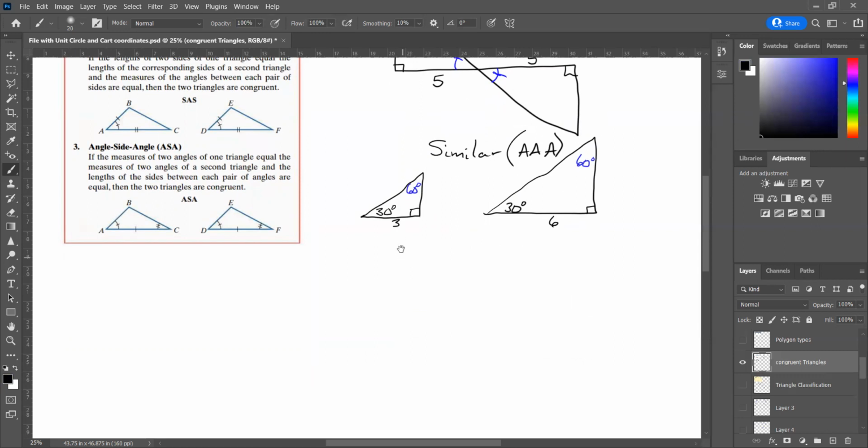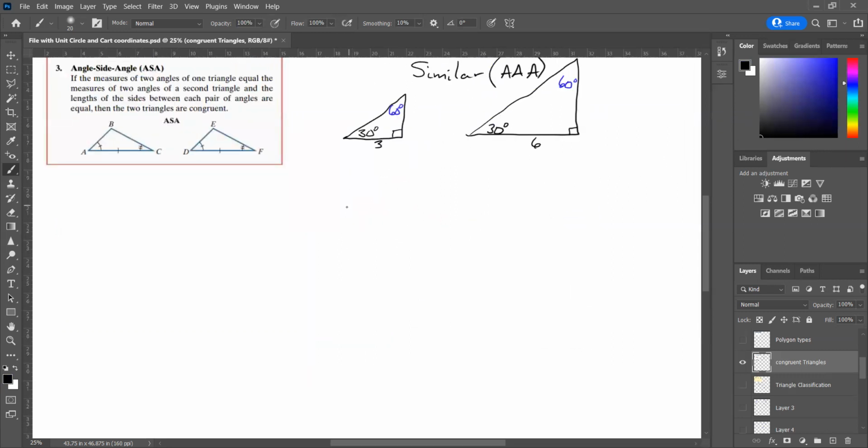Now that will actually help us do some calculations. If we have, for example, a tree in our yard, and we're standing down here and we want to know how tall that tree is. Well, it turns out that when the sun strikes us at any time of day, our shadows are proportional to our height.